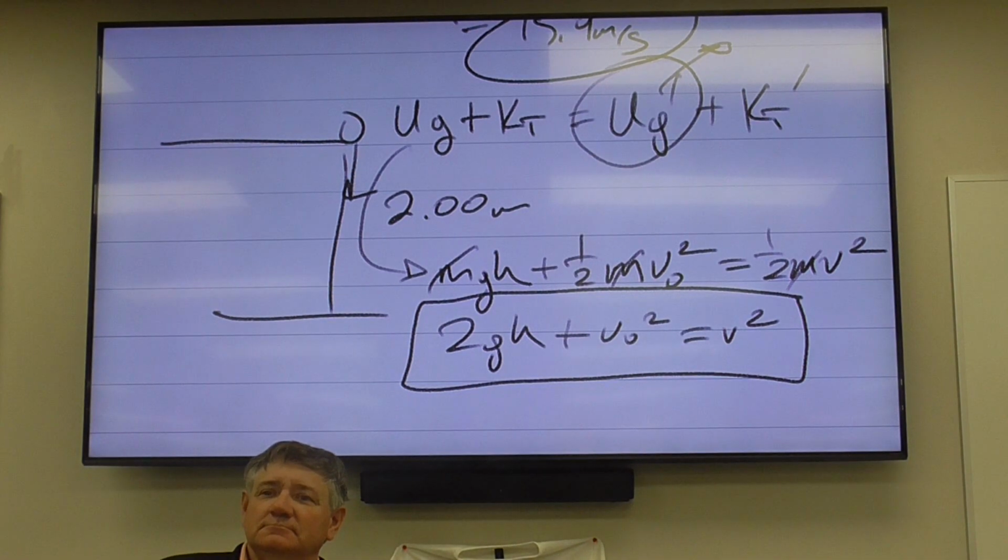Yes. Why? Because if you throw it up at that velocity, once it turns around and comes back down, it'll be moving at the same velocity coming down. The energy's the same. Same amount of energy.